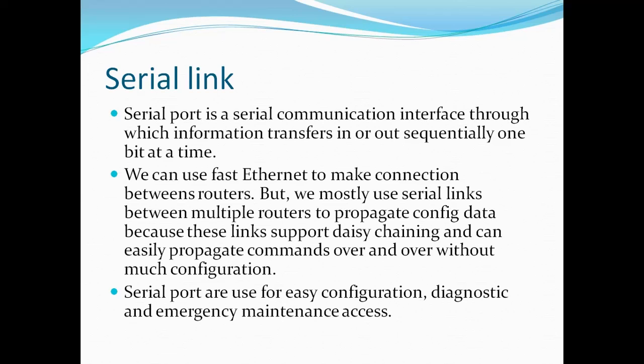You can use Fast Ethernet or Gig interfaces to make a connection between routers, but mostly we prefer to use a serial link between multiple routers to propagate config data, which means serial ports are used for easy configuration, diagnosis, and emergency maintenance access. That's the reason we use serial ports to make connections between routers.